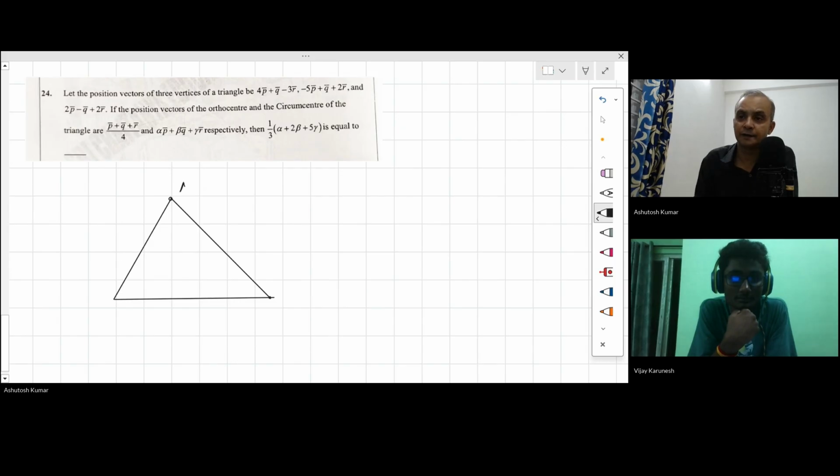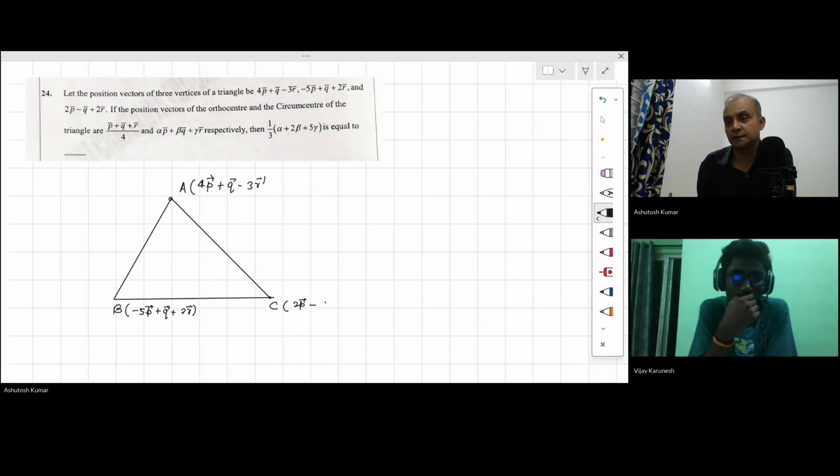Wait, let me write it. A has the position vector 4p plus q minus 3r. B has position vector minus 5p plus q plus 2r, and C has position vector 2p minus q plus 2r.